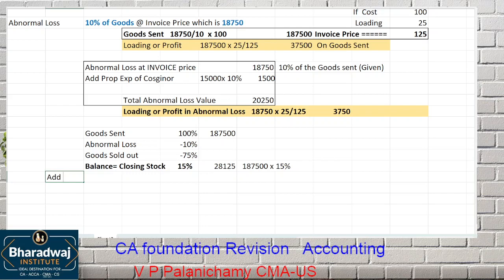Add proportionate expenses. How much expenses? 15,000 into 15%. How much does 15,000 into 15% come to? 2,250. This will give us the total value of closing stock.